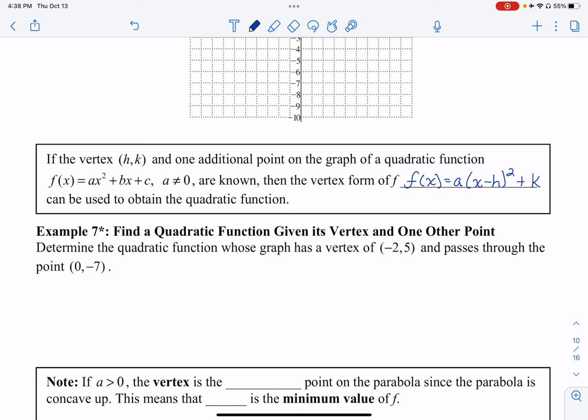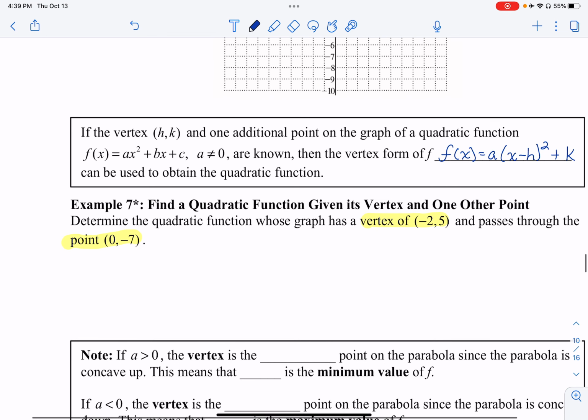So if we do an example, let's say we're given a quadratic function's vertex and one other point. Here we have a quadratic function whose graph has a vertex of (−2, 5) and passes through the point (0, −7).